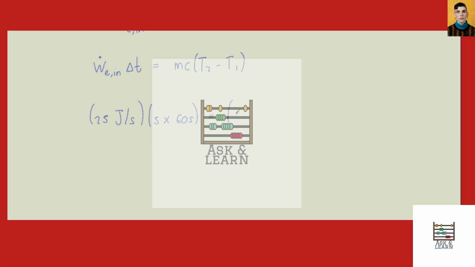And this is equal to the mass of the device, 0.02 kg, times the specific heat, 850 joules per kg degrees Celsius, times the temperature change of T2, the unknown final temperature, minus the initial temperature of 25 degrees Celsius. So if we rearrange this equation, we can find the final temperature T2.